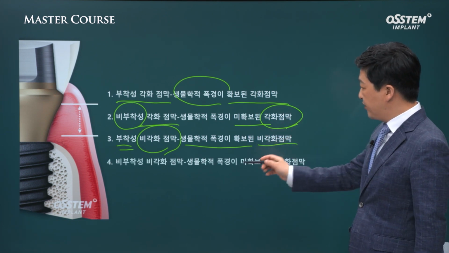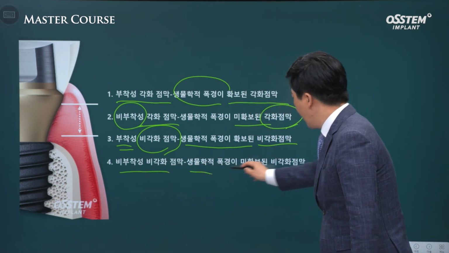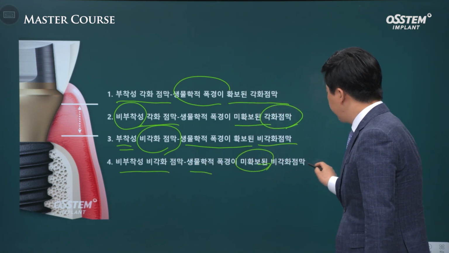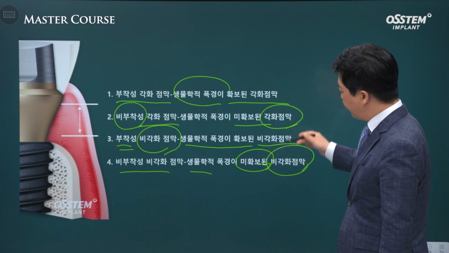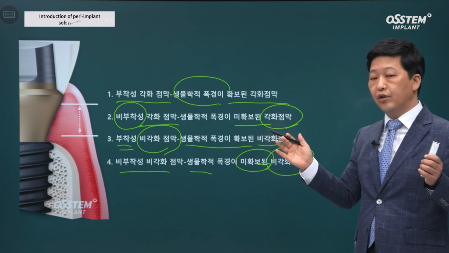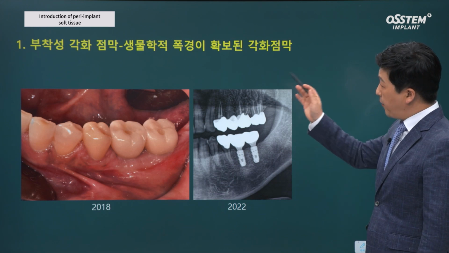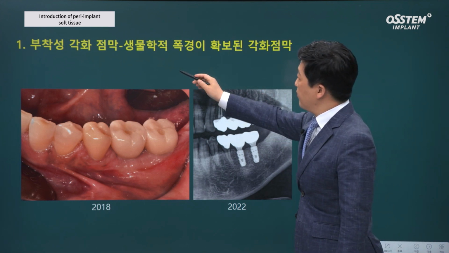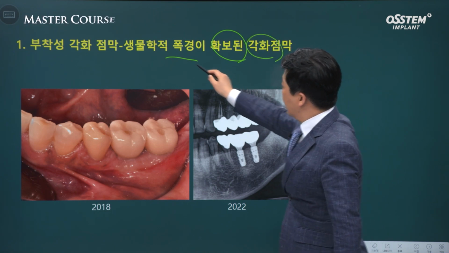Fourth, non-attached non-keratinized mucosa. This is non-keratinized mucosa without the biologic width. Please remember these 4 different types. If you bear this in mind, you will be able to have successful implant treatment and the prognosis will be good. First, attached keratinized mucosa. This is keratinized mucosa with biologic width.